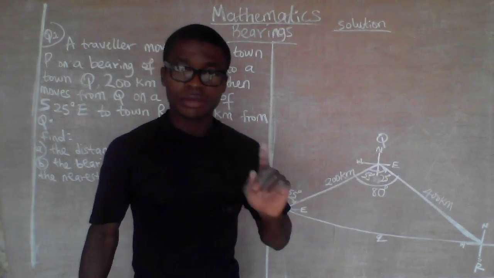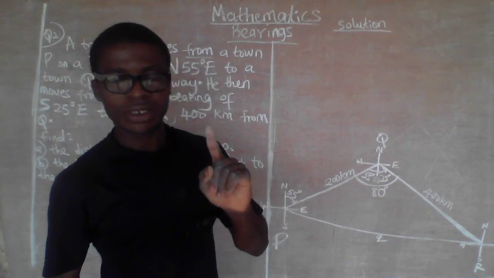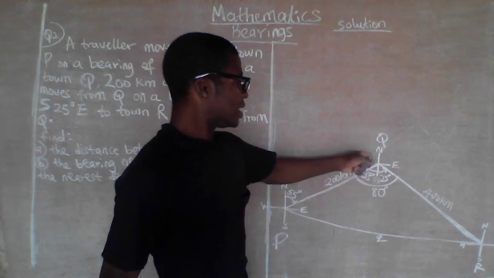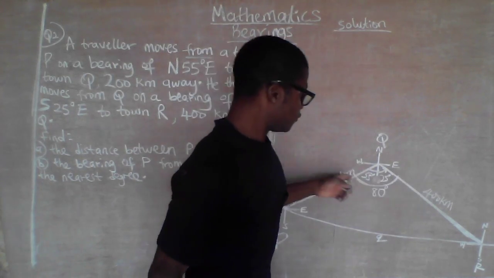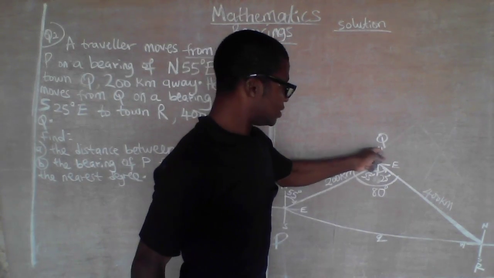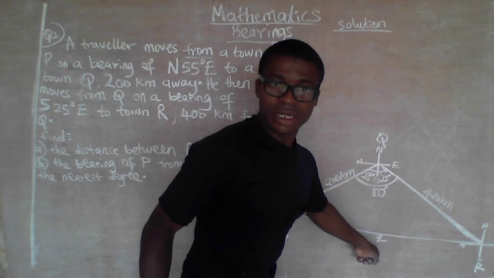And remember the condition for using the cosine rule. The condition is that these two sides must have values, and the angle opposite the side you are to calculate must have a value. There are values for these two sides, and there is a value for this angle opposite the side we are to calculate.